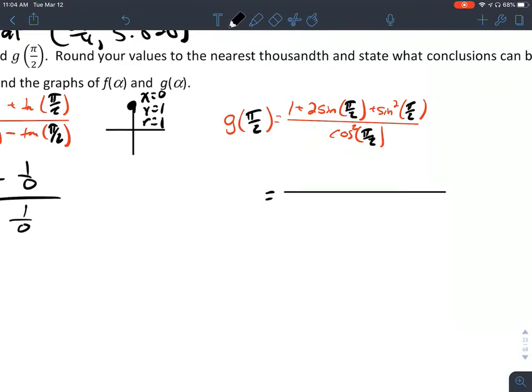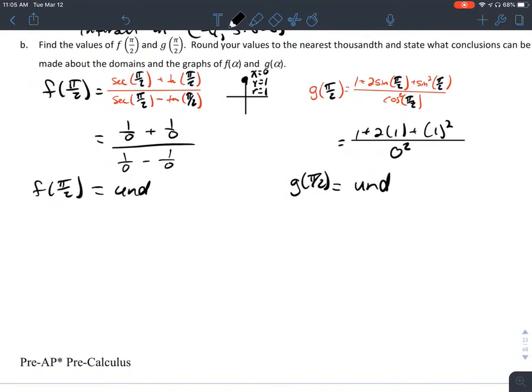Let's just focus on the denominator. Cosine of pi over 2, that's 0 squared. Not good. This is also going to be undefined. Sine of pi over 2 is 1. Oops, that's not sine of 1, it's just 1. And sine squared of pi over 2 is going to be 1 squared. So this is also undefined because we're dividing by 0.